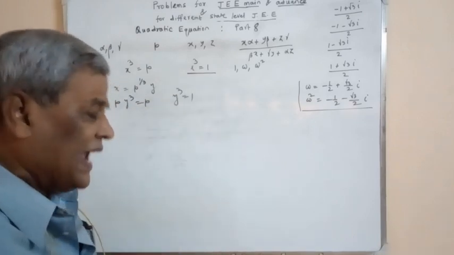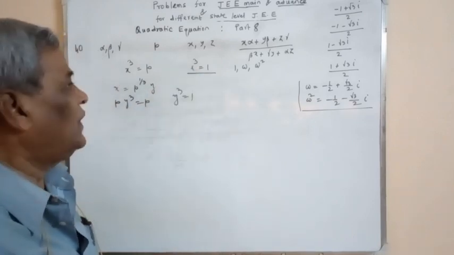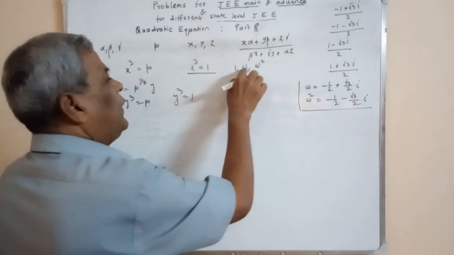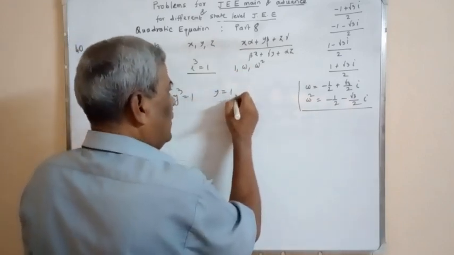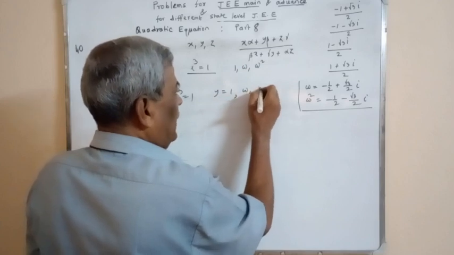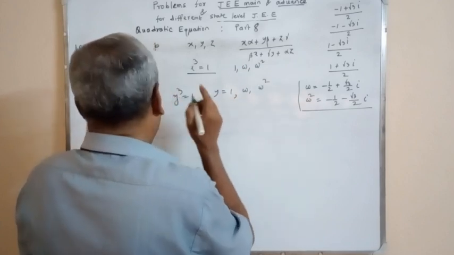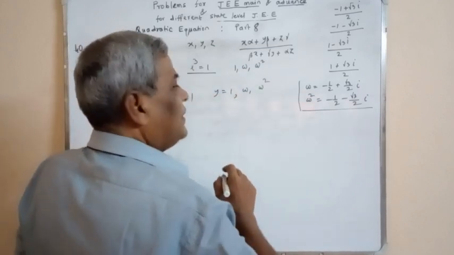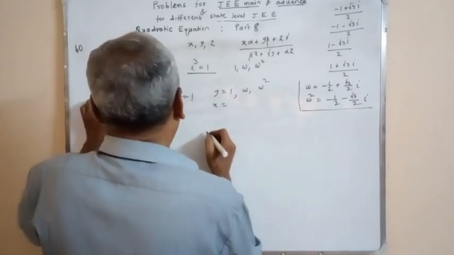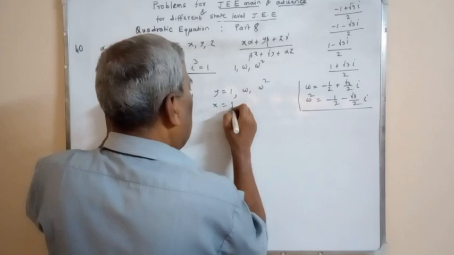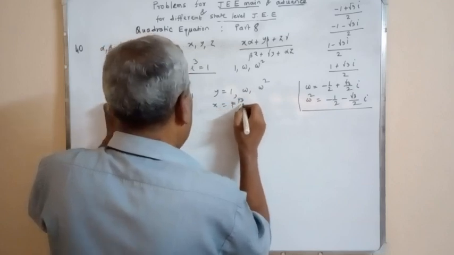So I can take advantage of this equation. Its roots are 1, omega, omega square. But our original variable is x, so x equals p to the power 1 by 3 into y.